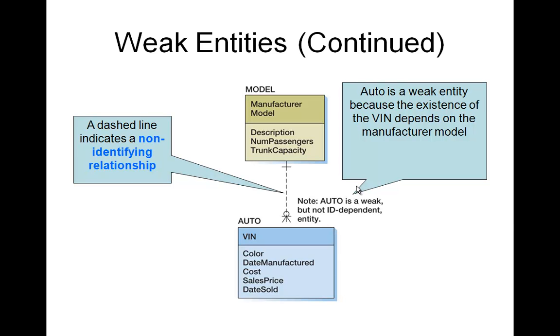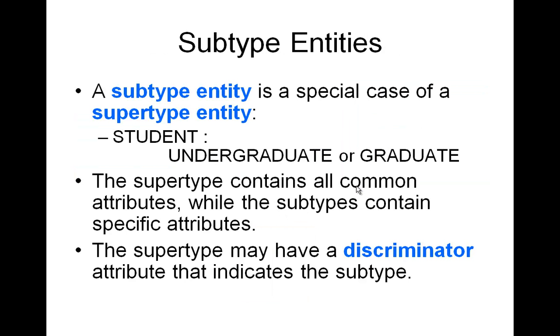Also, we can identify what's called a subtype entity, which is a special case of the supertype entity. For example, we have student, and we have undergraduate student or graduate student. So the supertype contains all common attributes, while the subtype contains specific attributes. We can consider the student in this case as a supertype, while the undergraduate is a subtype and the graduate is a subtype.